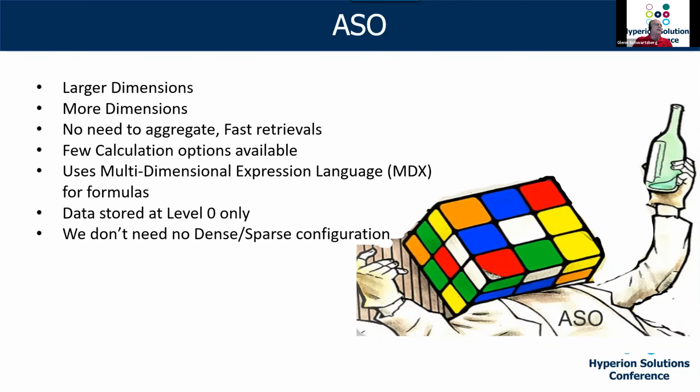And in some cases, we can only do additions. For example, if we have a stored dimension, then all we can do in that dimension is add up all of the children. We can't do minuses or divides or percentages, anything else.